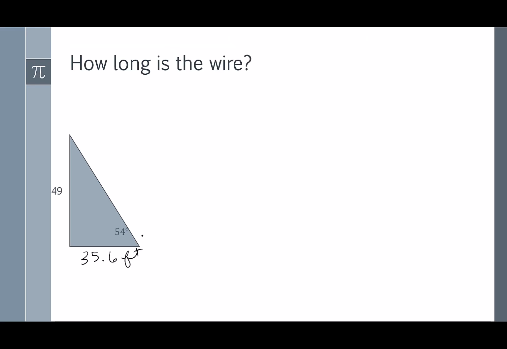How long is the wire? Instead of using the Pythagorean theorem this time, I'm going to use trig functions. I note that the sine of 54 will be 49 over the value of our hypotenuse h. So to find h, I can multiply both sides by h and then divide by the sine of 54.